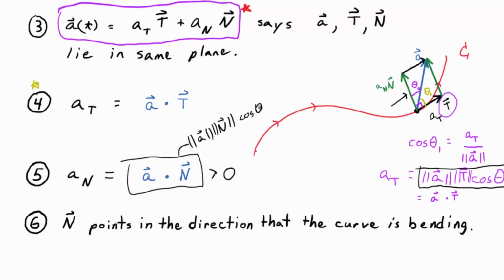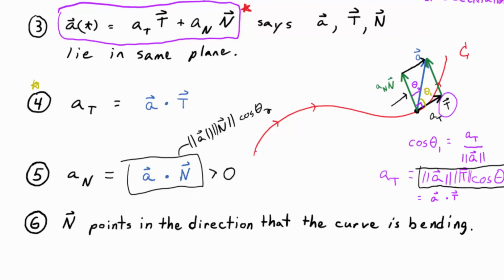What do we know about theta 2 if the magnitude a, magnitude n, cosine theta 2 is positive? In other words, if a dot n is positive. The angle between the two vectors, a and n, which is the same as the angle between a sub n and a, it has to be acute if the dot product is positive, right?